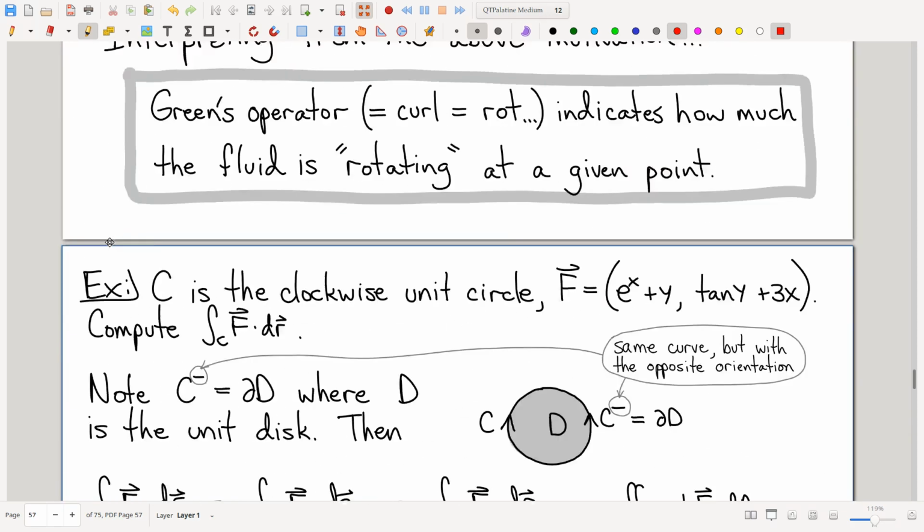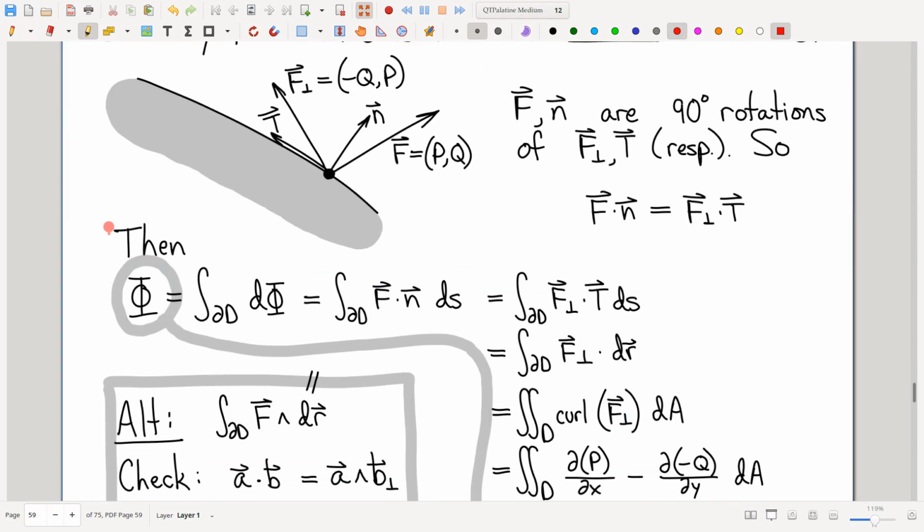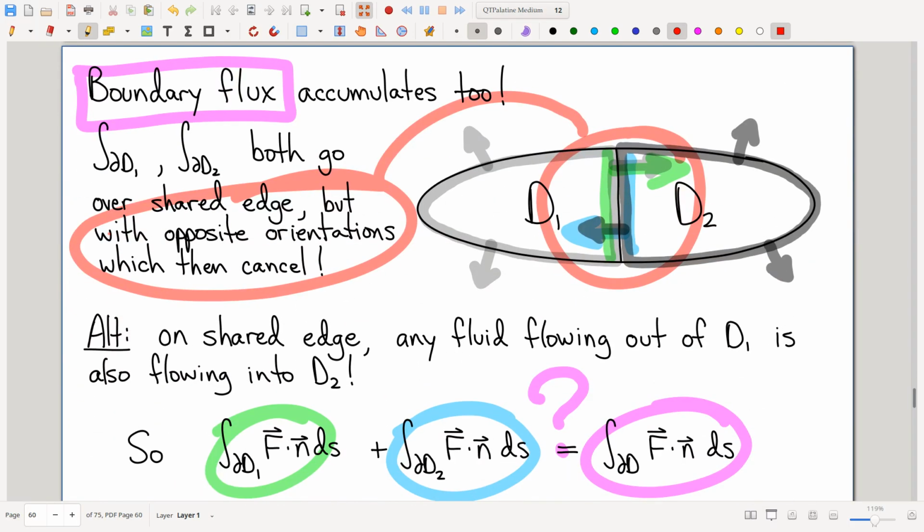And when we looked at Green's theorem for the first time, we had an edge that appears twice, not with opposite orientations through, but with opposite orientations along. Still opposites. This was along, and this is through.